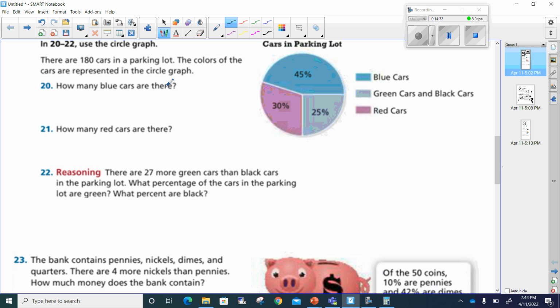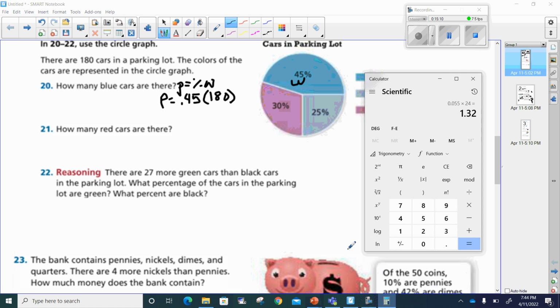If we set up our equation again, the part equals the percent times the whole. We know the whole is 180. That's 180 total cars. We know the percent was 45%, so we've got to move the decimal over two spots. So we're going to be taking 180 and multiplying it by 0.45, and that's going to equal the part.